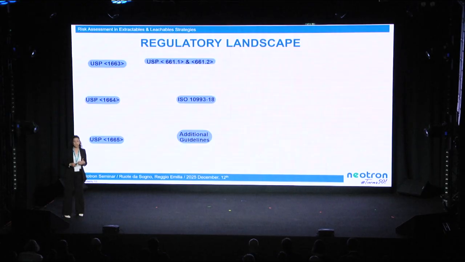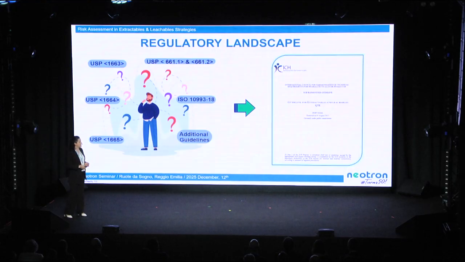And what about the regulatory landscape? You can see that we have different guidelines, each for a primary packaging or a single-use system for biopharmaceutical products. So we have a different framework, and how can we manage this non-homologous framework?